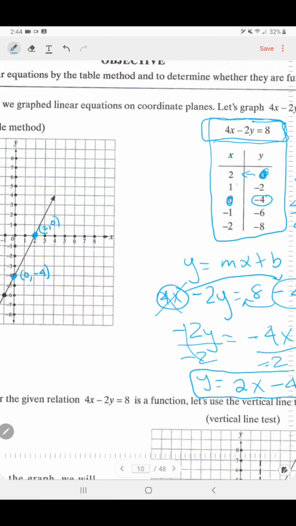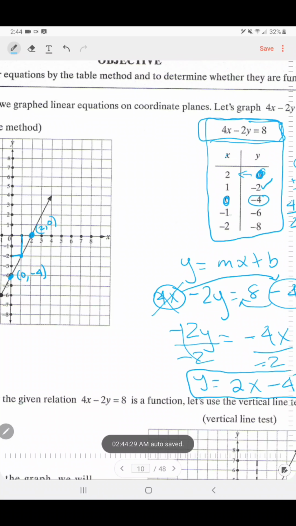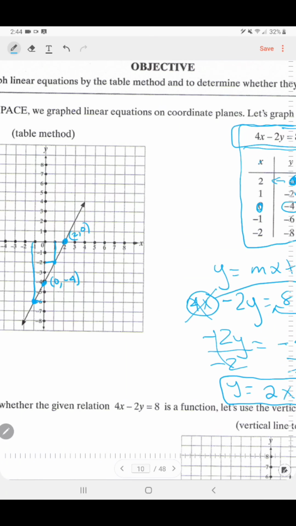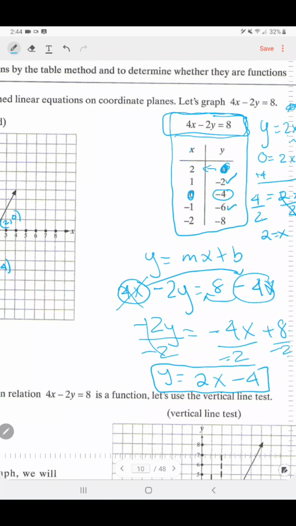If you go to 1 and go down until you hit the line, it's at -2, which is right here. If you go to -1 and go down until you hit the line, it's at -6, which is right here.